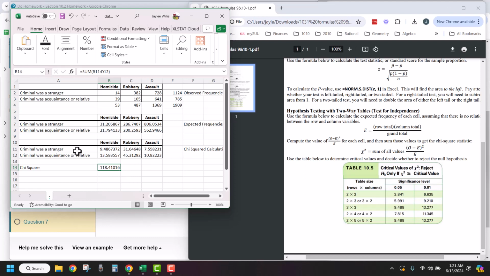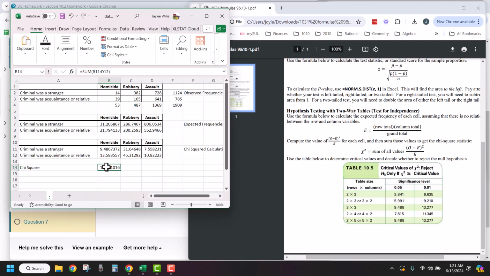So in this case, we're dealing with a 2x3 original data set. And so if we're looking at a significance level of 0.05, our chi-squared value would be 5.91 as our critical value. So since our value is much bigger than that, that means that we can reject our null hypothesis.